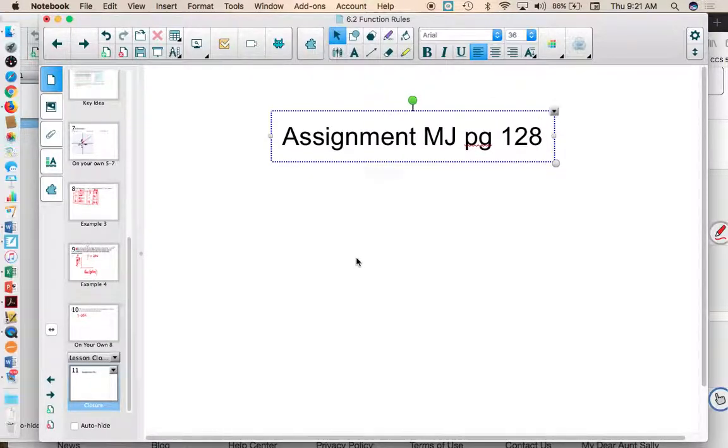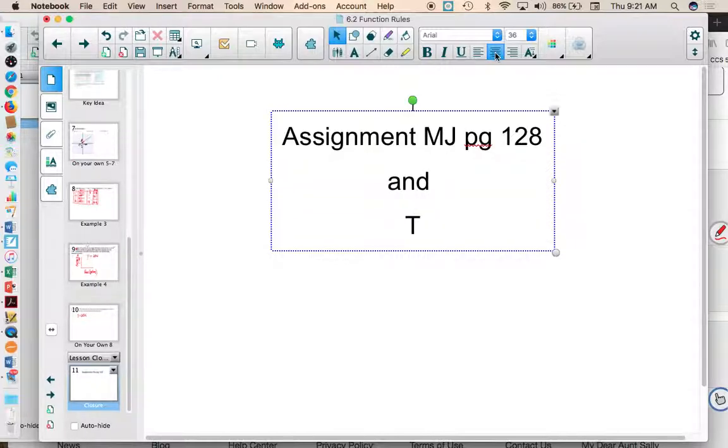You're going to need to write this down because it's not printed on what you have. And then you're going to do textbook page 255, and it's 39 to 42. That's your assignment.